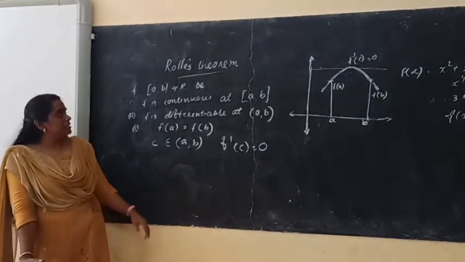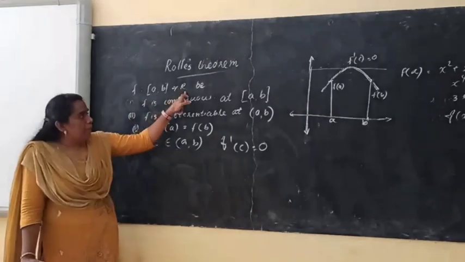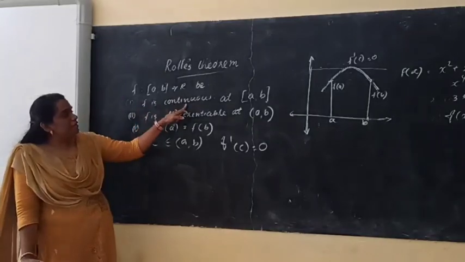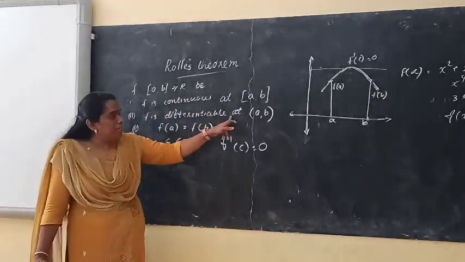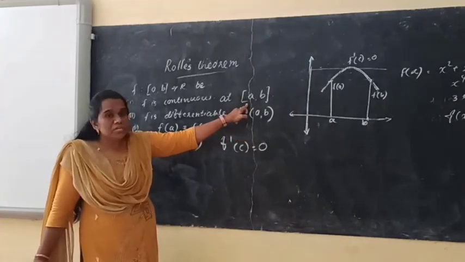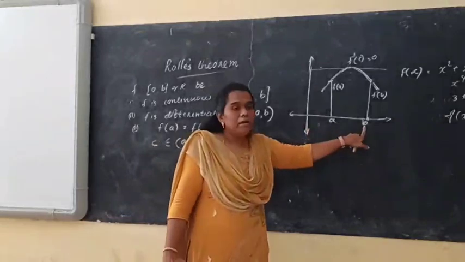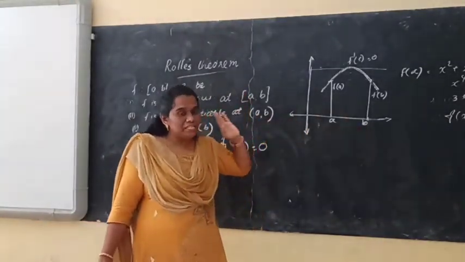What does Rolle's theorem say? f is defined from the closed interval [a, b] to R, and f is continuous on the closed interval [a, b], and it is differentiable on the open interval (a, b). What is the difference between closed interval and open interval? In the closed interval [a, b], a and b are included, but in the open interval (a, b), a and b are excluded.